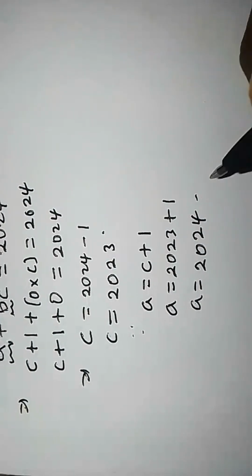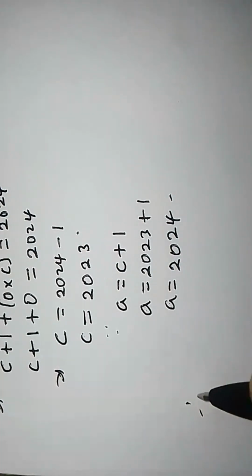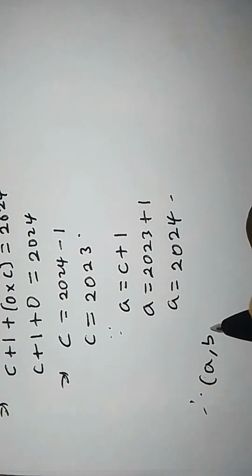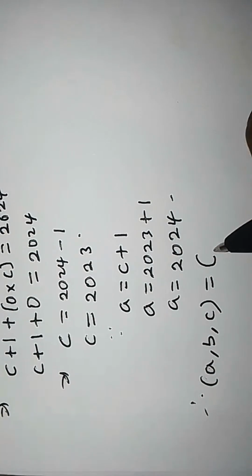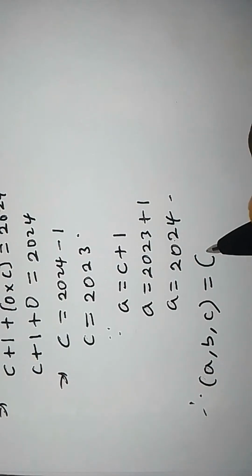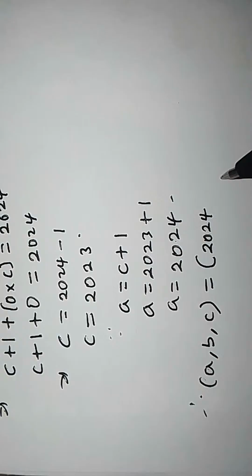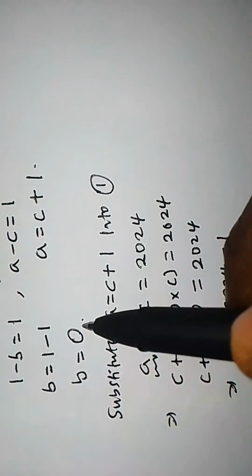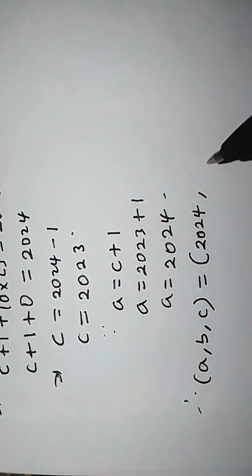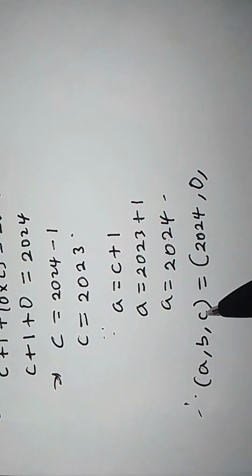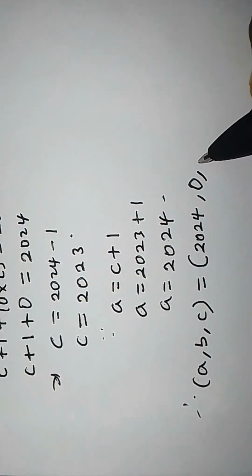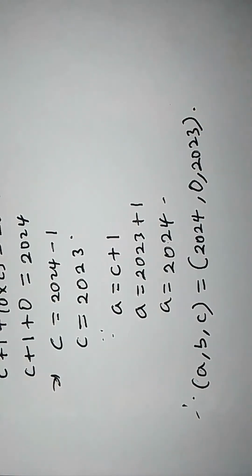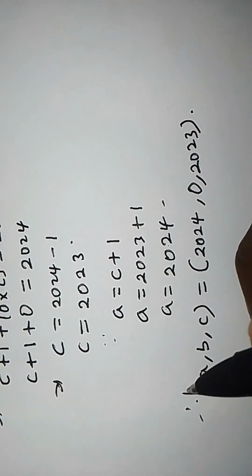This is the value of A. Therefore, the first solution, A, B, C, is equal to: the value of A is 2024, and the value of B is what? B is equal to 0, and the value of C is 2023. This is the first solution. Take note of it.